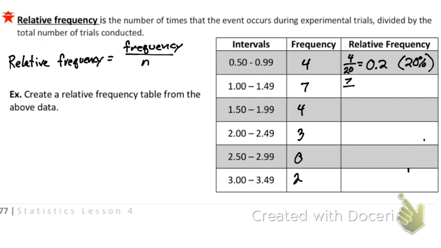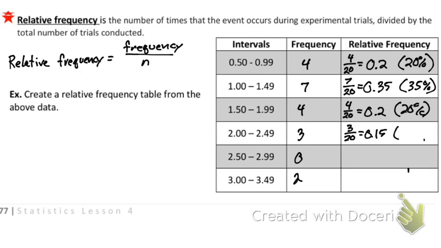We have 7 divided by 20 is going to equal 0.35, which is 35%. 4 divided by 20 again is 0.2, or 20%. 3 divided by 20 should be 0.15, which is 15%. 0 divided by 20 is just 0, so I would just put 0 or 0%. And finally, we have 2 divided by 20, which is going to equal 0.1, which is 10%.